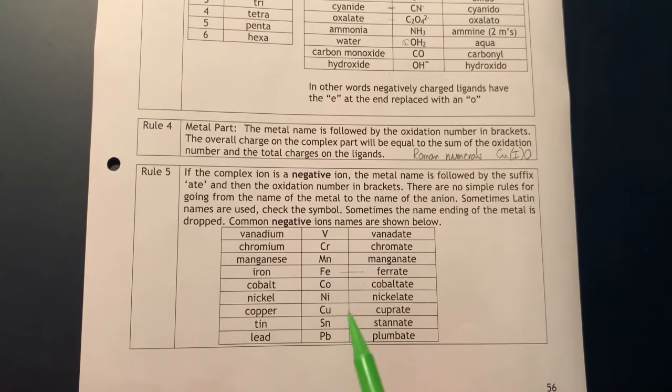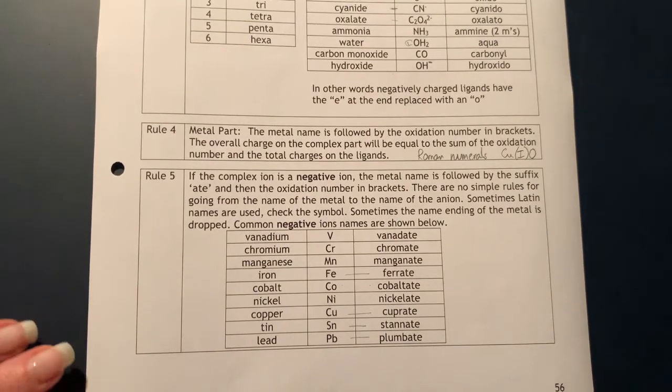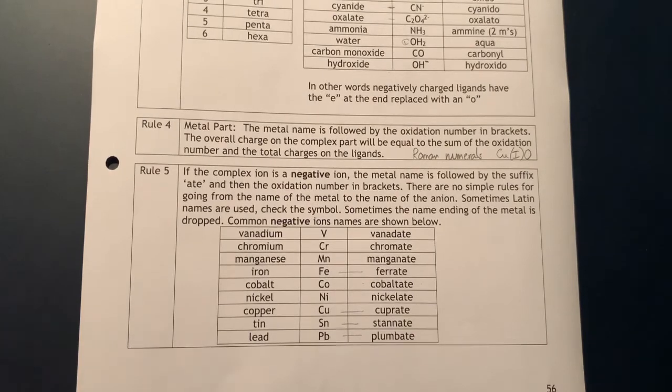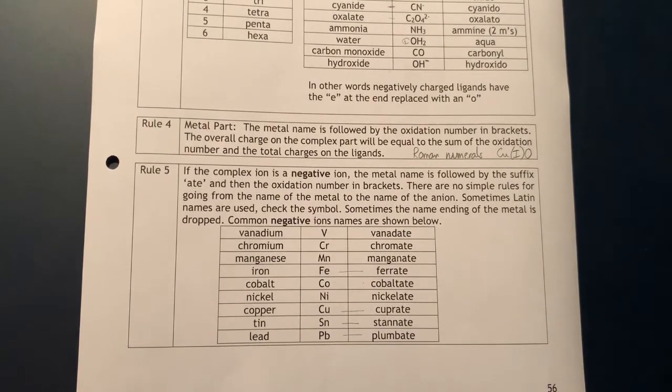Cobalt's fine, nickel's fine. Copper's not Co because that's cobalt. It comes from the name cuprous, so we're going to head to cuprate. Tin is Sn from the name stannum, or stannate in this case. And lead's Latin name is plumbum, so we're going to call it plumbate. So that sounds totally horrendous, but I promise you it will start to make sense.